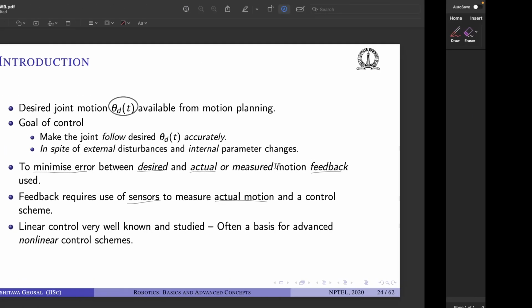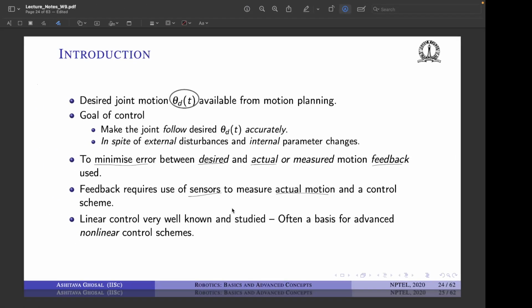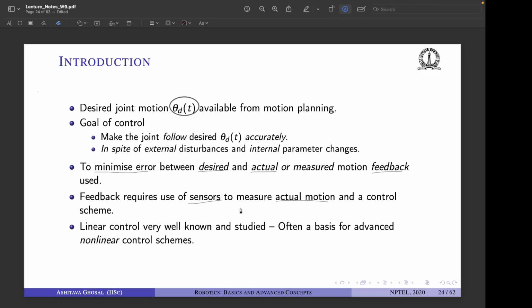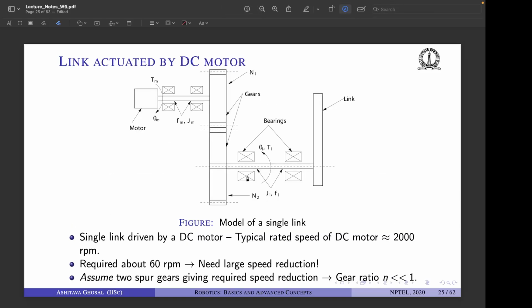All right. Now let's actually move on to the system at hand. Here in this example, the link is actuated using a DC motor, and this is the DC motor, and it has a gear train in front of it. So as we know, a gear train helps to multiply the torque output and reduce the speed.